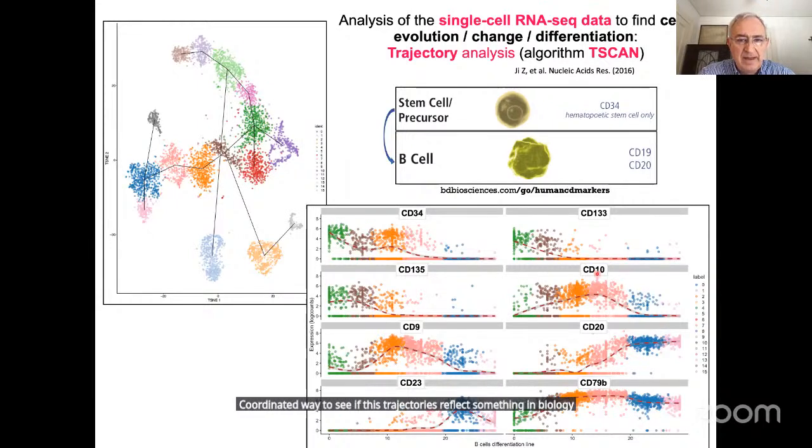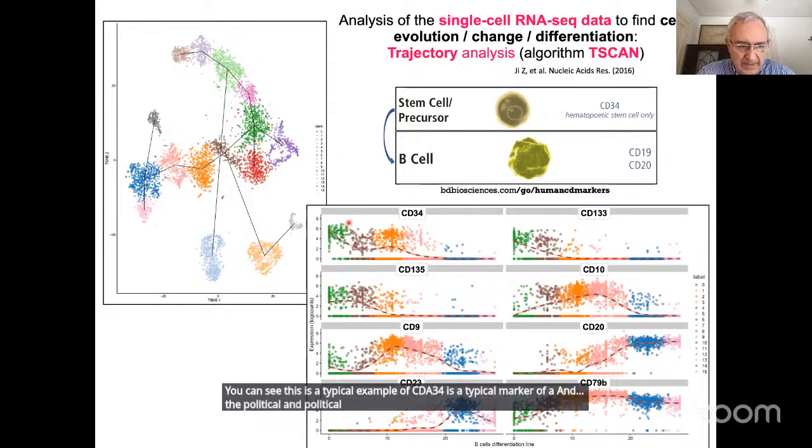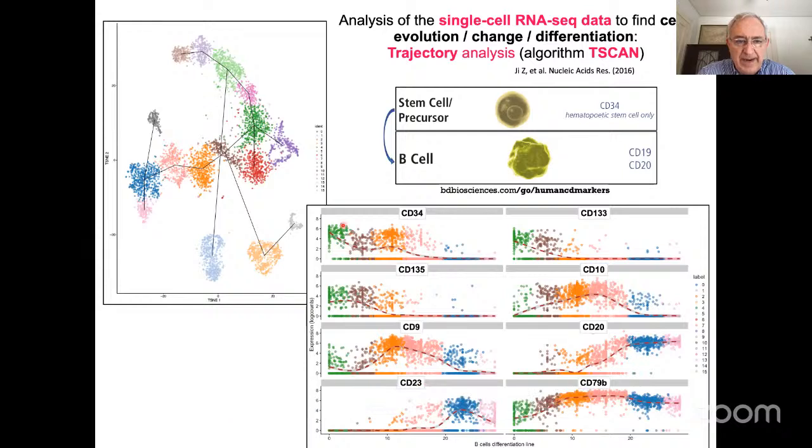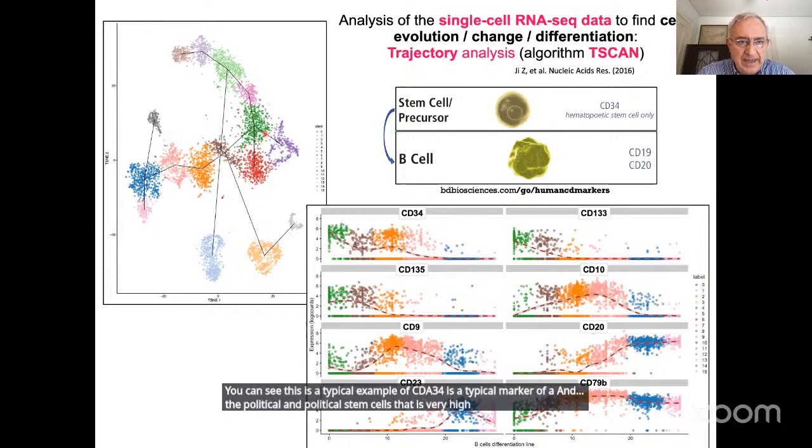And we did that. For example, here, you can see this is a typical example: CD34 is a typical marker of hematopoietic stem cells that is very high, as you can see here in this green population. And then when we go on a trajectory towards, for example, the blue data, this disappears.